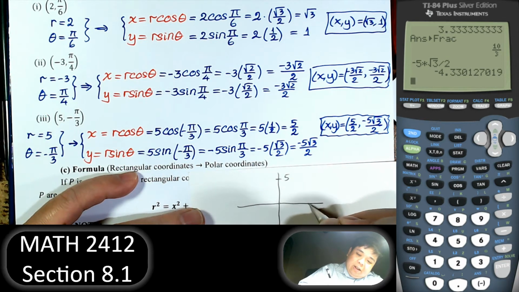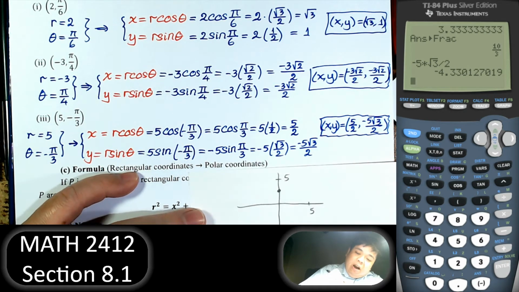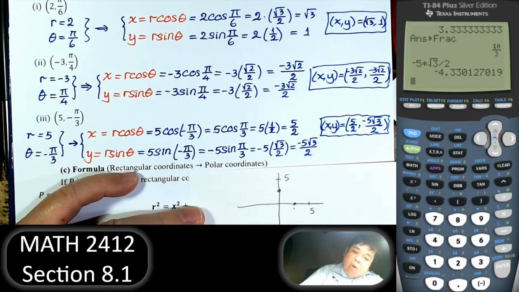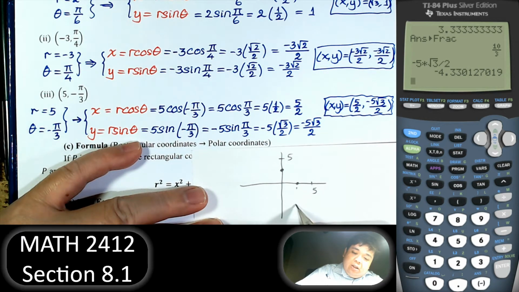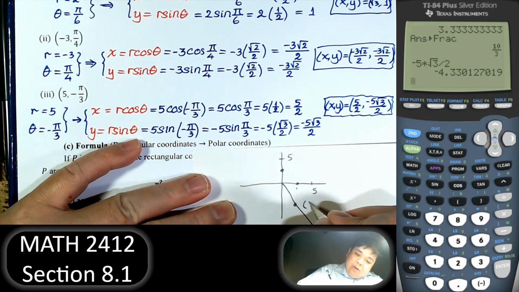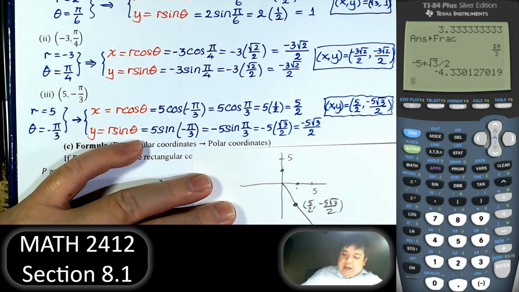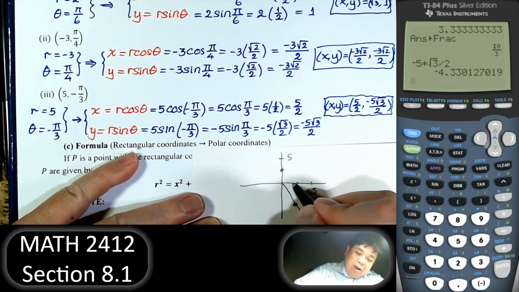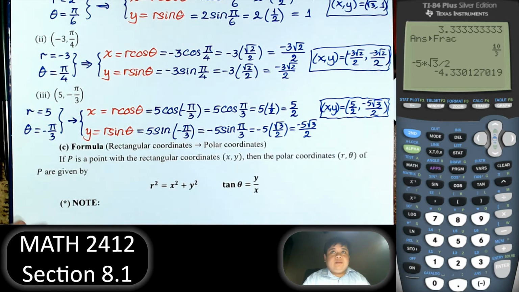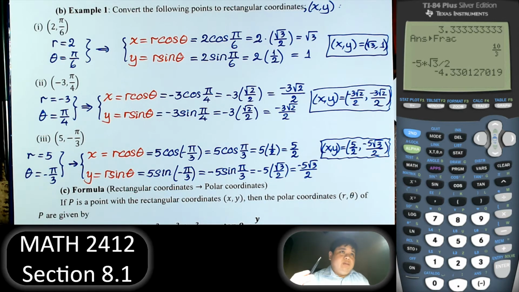So 5/2 is half of 5 on the x-axis, and y is about negative 4, so we're talking about this point. Now, if we look at that again, the angle is about negative pi over 3, which is good, and r is equal to 5, which is good also. Right, so straightforward.